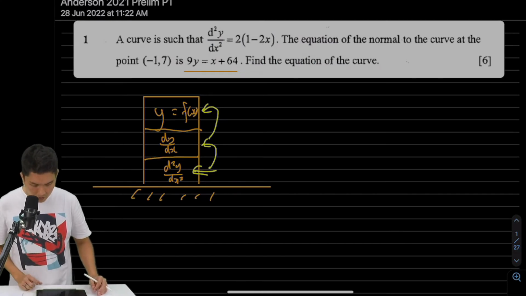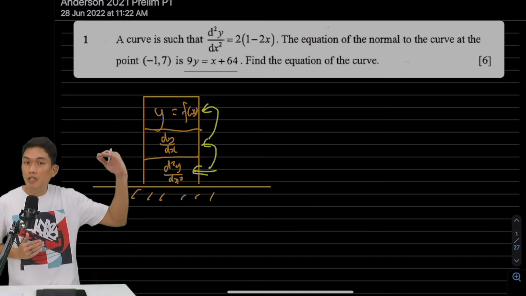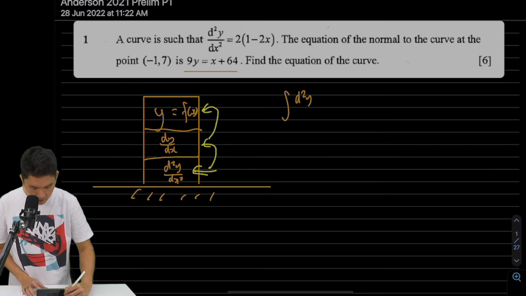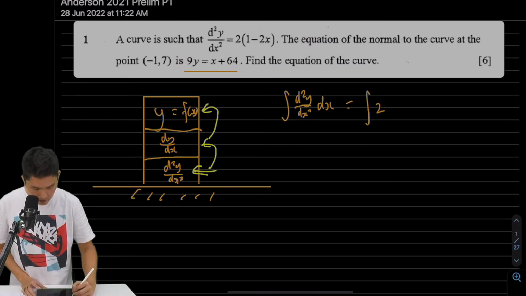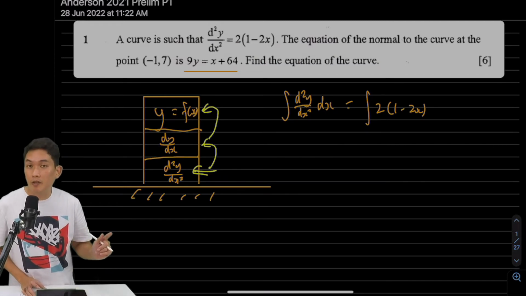So let's first do the first level of integration. Let's get from the second derivative up 1 level to the first derivative. Let's integrate the second derivative with respect to x, and that is the same as integrating this with respect to x. And you know what? I'm not going to integrate in this form. I'm actually going to multiply it out, I'm going to expand out.